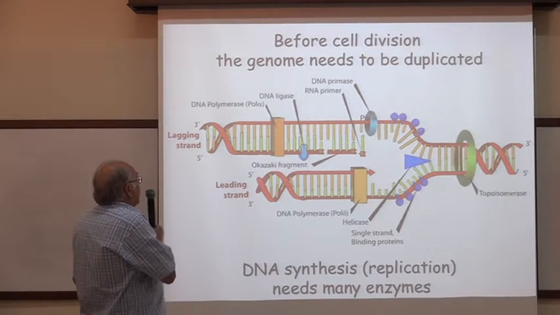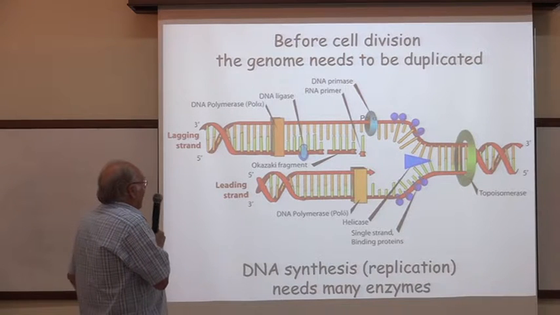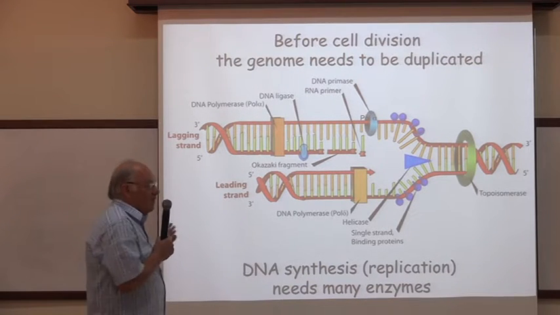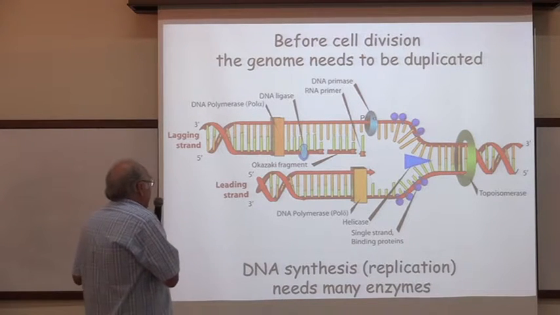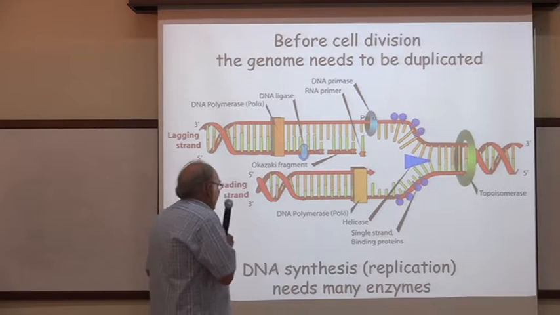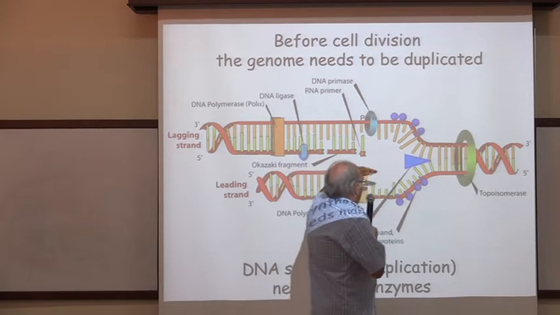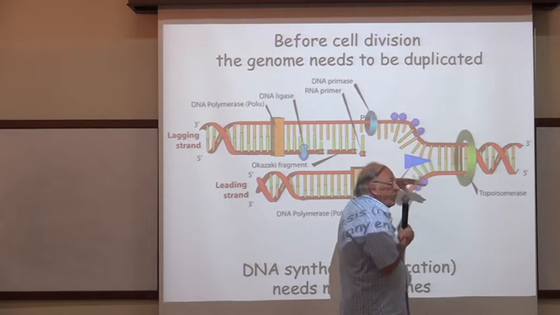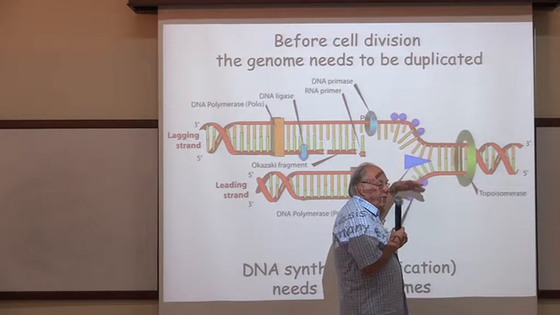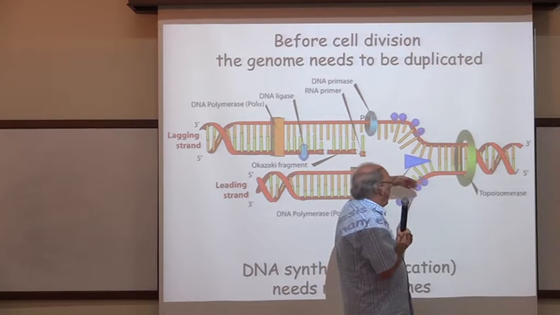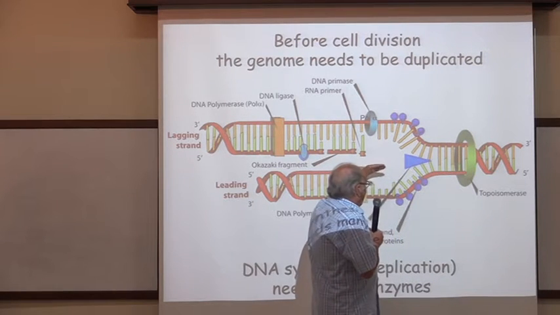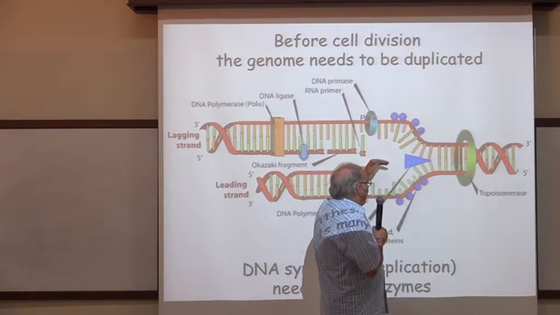Before cell division, the genome needs to be duplicated, of course, and there are a whole range of different proteins and enzymes which have to work on this. So, for instance, you need to, first of all, remove the histones, and I can come back to that in the next hour when we come to transcription, but let's leave that for the moment.